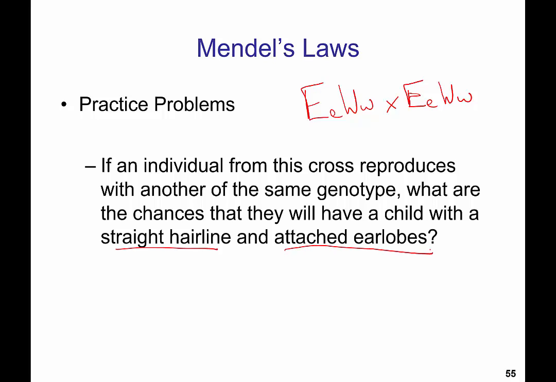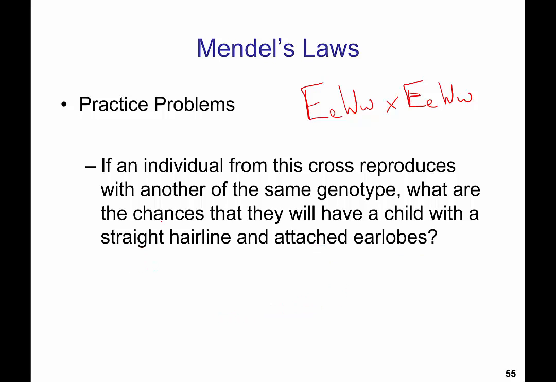So here, straight hairline is represented by little w, and attached earlobes, which is the recessive condition, is little e. So the question is, what's the chance of getting homozygous recessive for both traits?